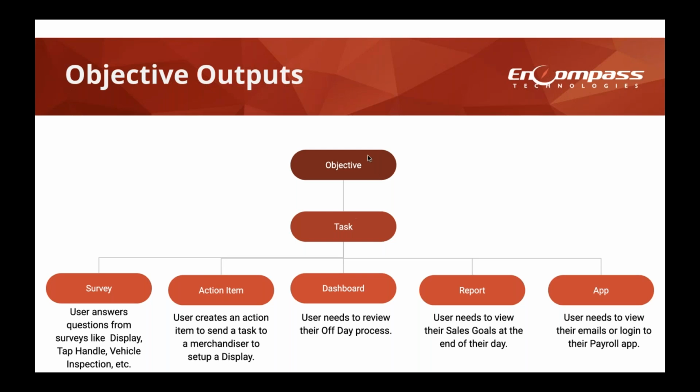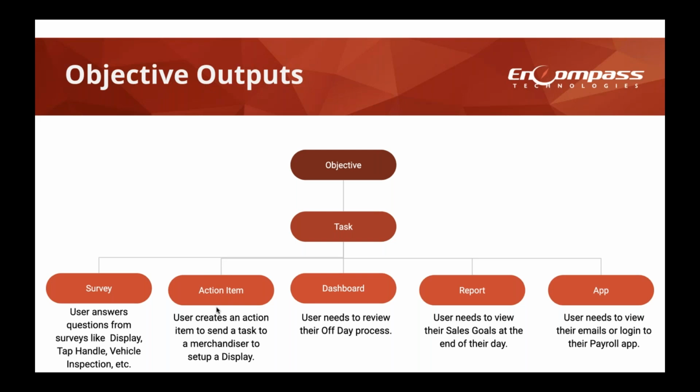So what they can do is add a task. Now the category of that task would be a work order objective, and from that, that objective knows that this is purely just an action item. So when we send that task to that driver, they know that this is an action item based on how the objective was set up, and they can say, yes, I did go ahead and pick up the pallets.